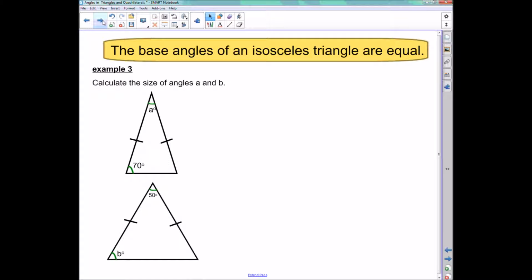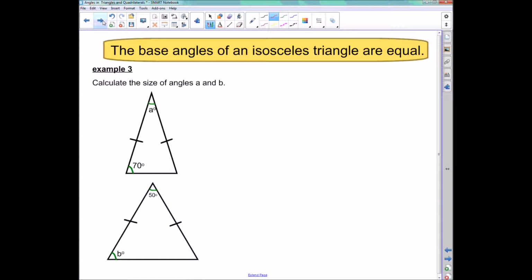Okay, another special type of triangle is an isosceles triangle, and there are properties about the angles in isosceles triangles as well. You might remember that isosceles triangles have two equal sides. Okay, this is depicted by these two lines drawn on these triangles here. The other property that isosceles triangles have is that the base angles of an isosceles triangle are equal.